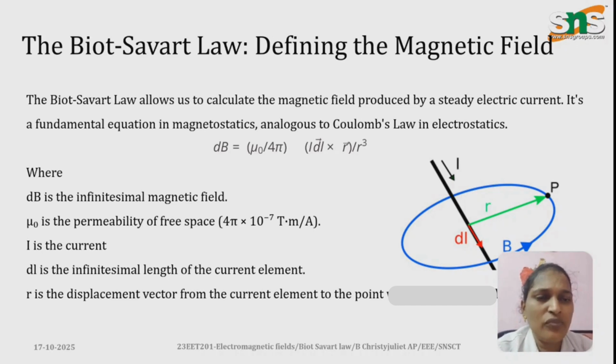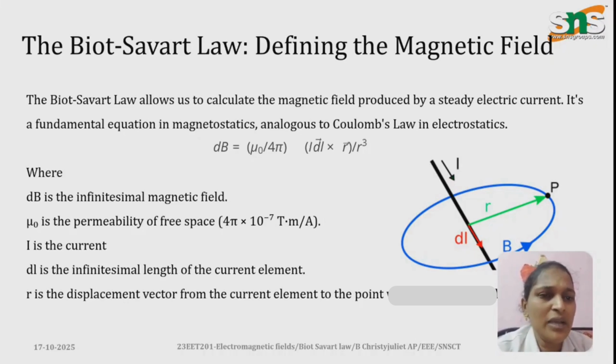In the same way, if I take a current carrying loop, it gets attracted or repelled by a neighboring loop because of the magnetic field or magnetic force it is experiencing. Now how can I calculate this magnetic field between these two loops? That is through Biot-Savart's law.